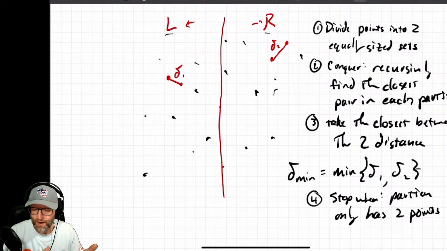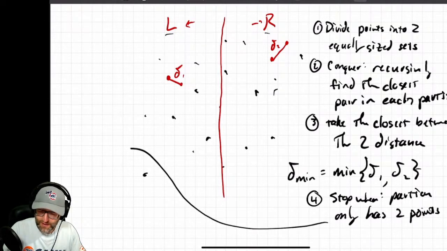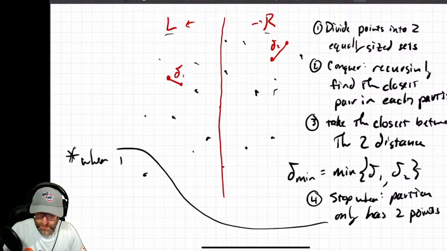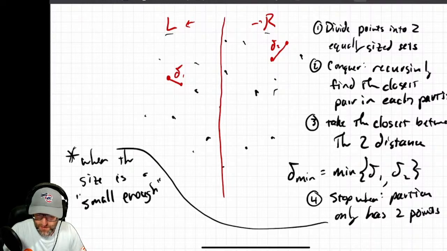And because we might not have an even split when we do this recursion, we can actually set a different base case strategy, when the size is small enough. And I'll let you decide what's small enough.